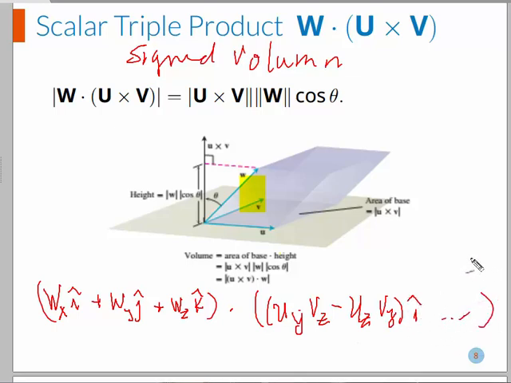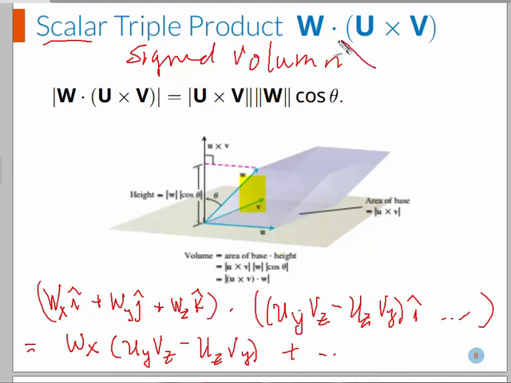Of course we have j and k terms. Okay, so we take this dot product. The only thing that's going to count for Wx are the i terms. So this will end up being Wx times (Uy Vz minus Uz Vy). And that is a scalar result, as we expect. It's called the scalar triple product, and we see the dot product in here, and that's what makes it into a scalar.